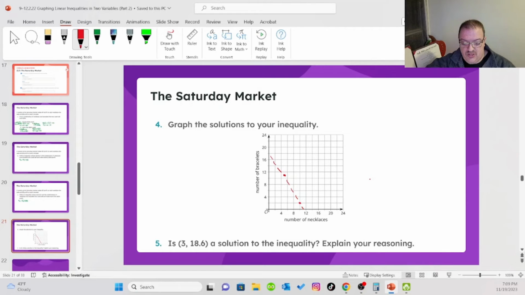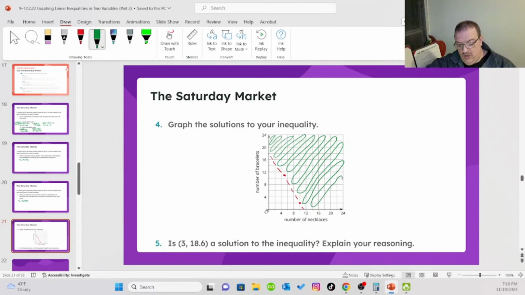So we said if we just added a necklace and added a bracelet, then that would come out to be more. So our shaded region is going to be the entire area above and to the right of the dashed line. Every point combination in this green shaded area will earn more than $100 profit.